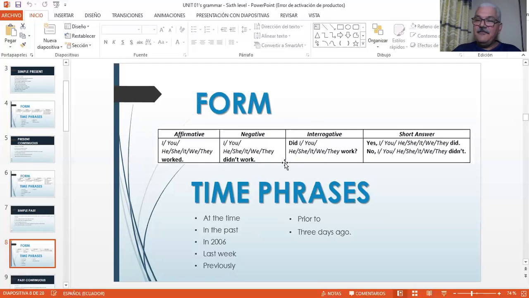When it is negative, we are going to use again the auxiliary do, but in this case, in its past form. So we say didn't, because it's negative. And we say I, you, they, etc., didn't work. That's something in the past.